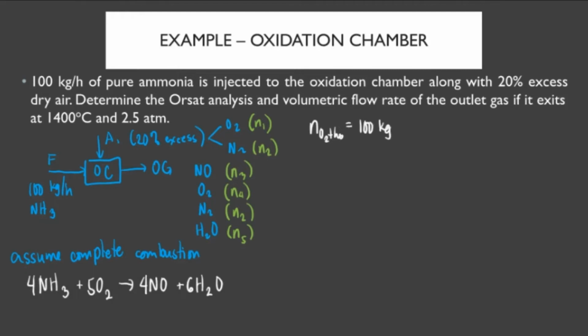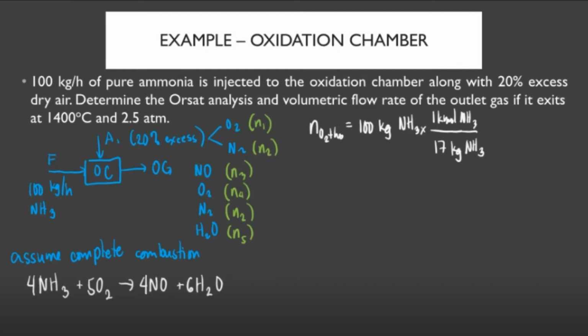If my basis is 1 hour operation, then we can say that the feed is 100 kilograms of ammonia. We simply convert this to moles, and that is 1 kilomole of ammonia is equivalent to 17 kilograms of ammonia. This is simply the molecular weight of ammonia.